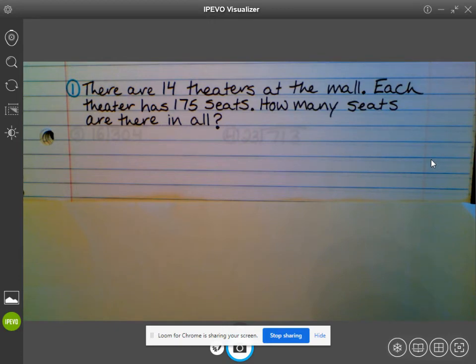Finish up their notes. So there are 14 theaters at the mall. Each theater has 175 seats.